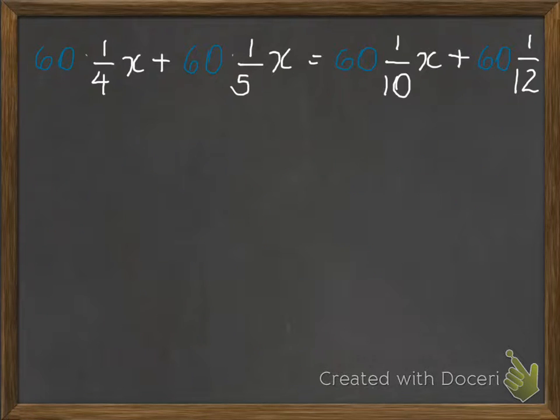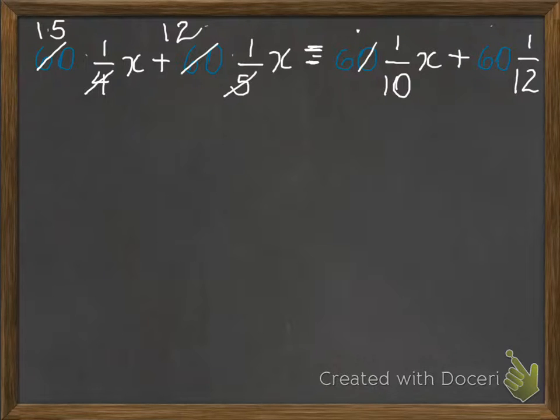So now we take the lowest common denominator and multiply it by each of the 4 terms we see here. Here's the equal sign. And this is the lowest common denominator. 4 goes into 60 15 times. 5 goes into 60 12 times. 60 divided by 5 is 12.